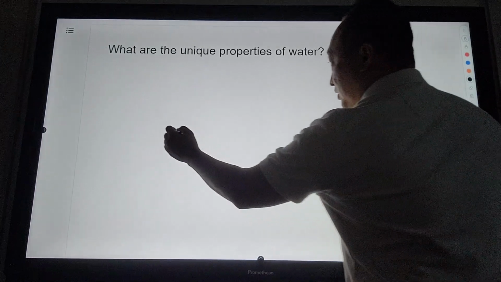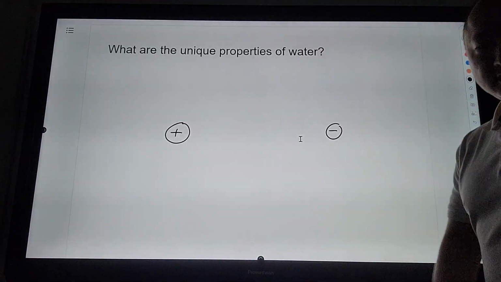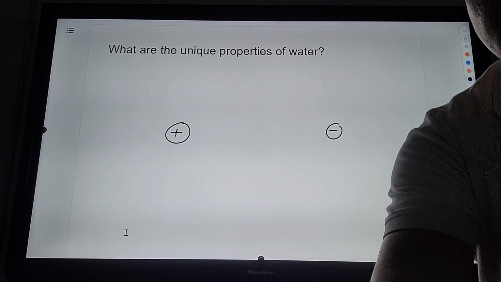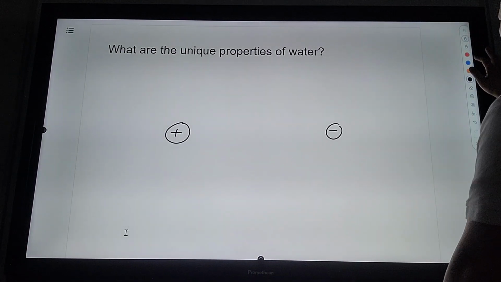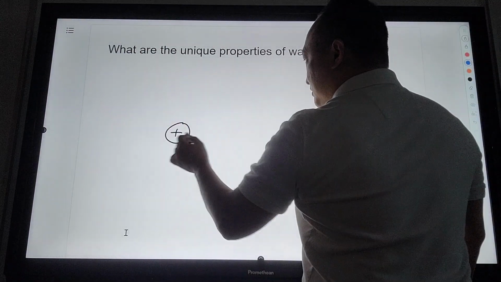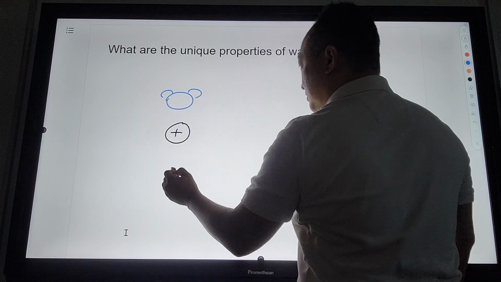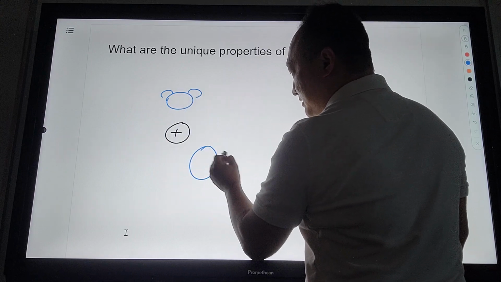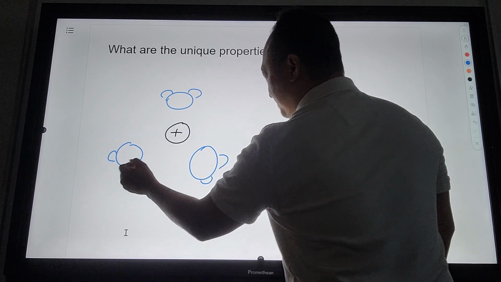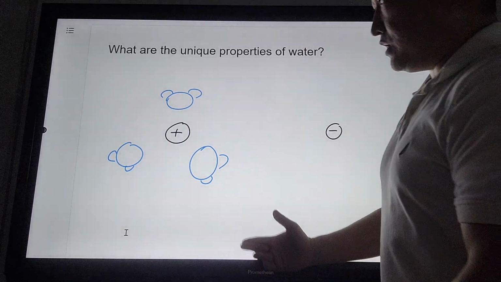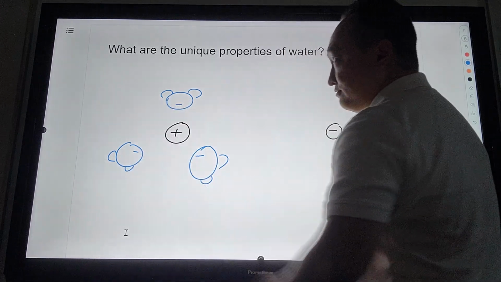All right, so I'm going to draw a positive ion on one side and a negative ion on another side, and I want you to notice how the arrangement of water molecules is different between the two. So on the positive ion, we're going to draw water molecules where the oxygen side is facing the positive ion. And it has to be this way because it's the oxygen side that is partially negative.